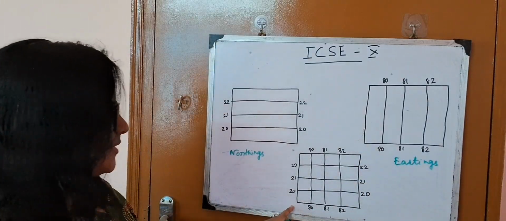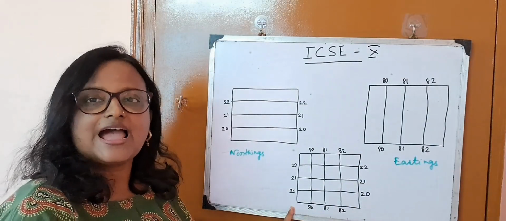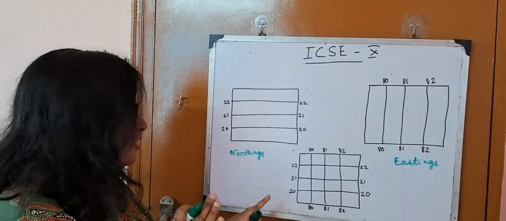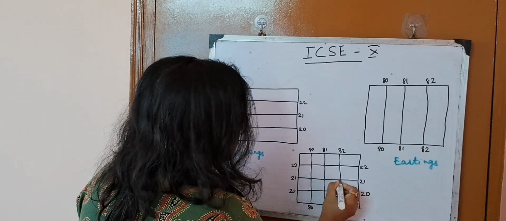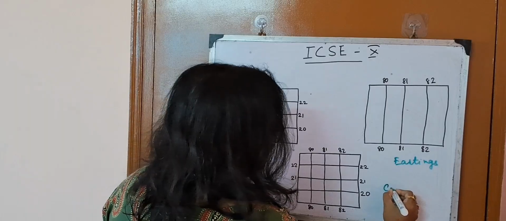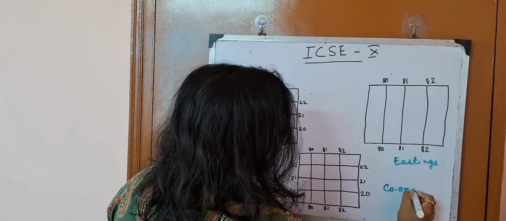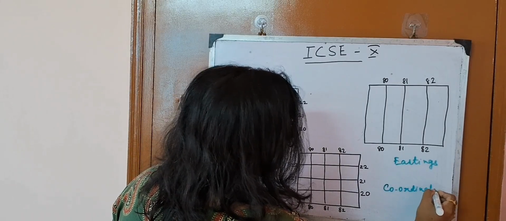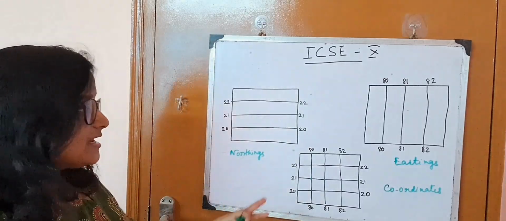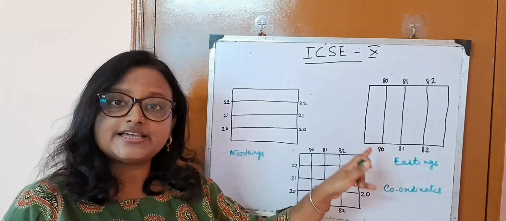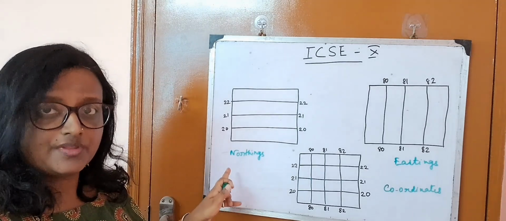And in this picture, the northing and the easting that cross at a point, these points are called coordinates. In grid references, eastings are given first, then the northings.